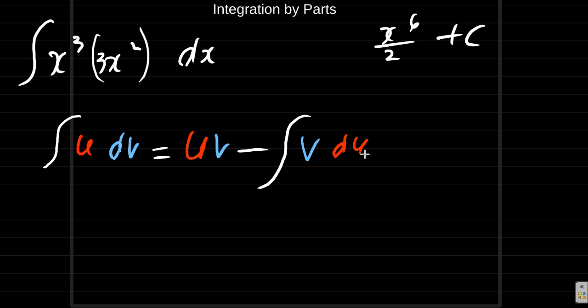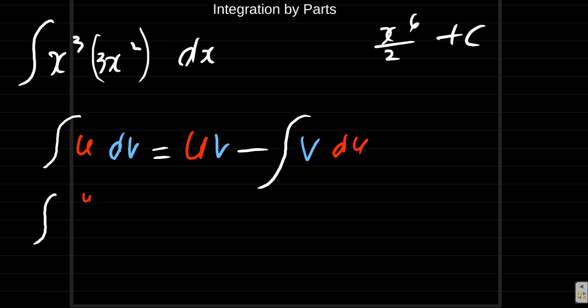So there are going to be two stages. We could use x cubed as our u, but we'd have to differentiate to get 3x squared. Then we'd have to differentiate again to get 12x, and that's more work, that's 3 stages.